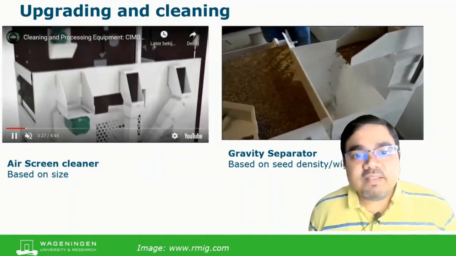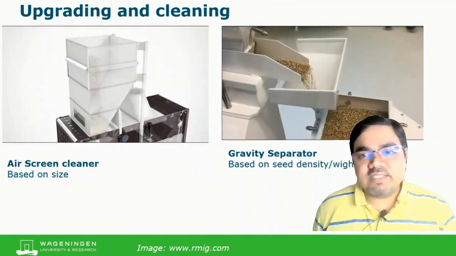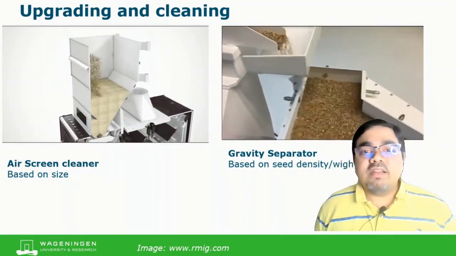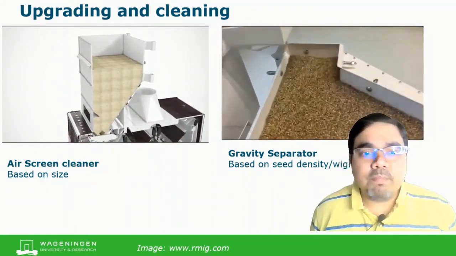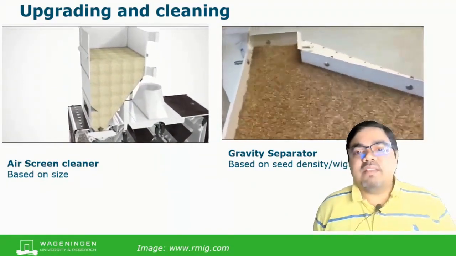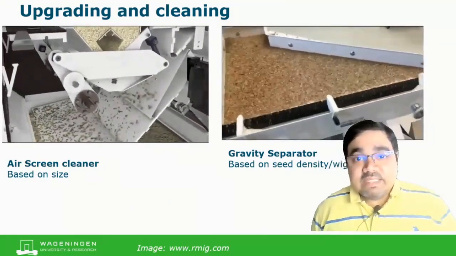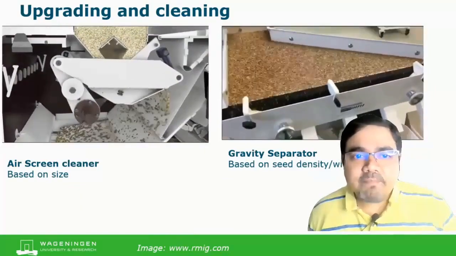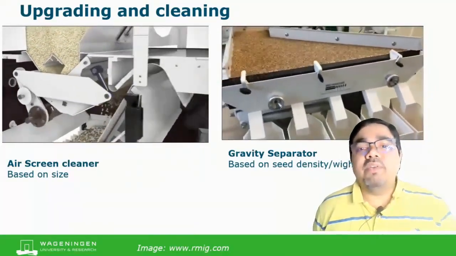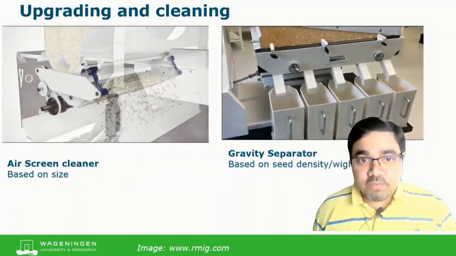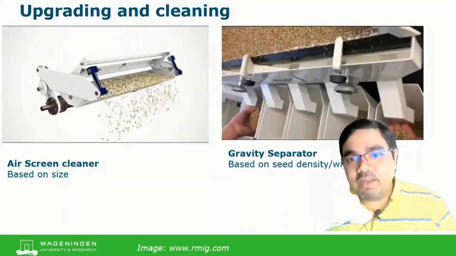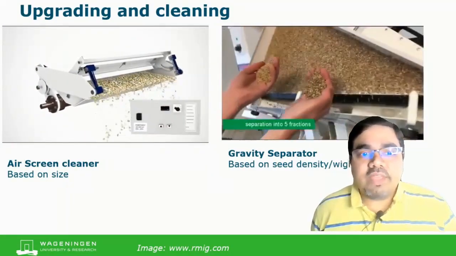For example, bigger seeds, smoother seeds, denser seeds, etc. So separations are conducted using specialized machines and equipment which sort out the bulk seeds into good and not so good batches. This is the heart of the principle of upgrading. This enhances a seed lot by reducing the percentage or proportion of so-called bad seeds from the bulk so that the resultant lot is of higher quality.